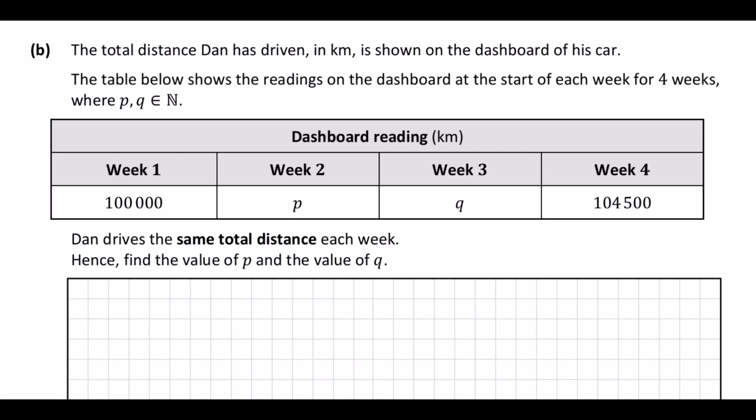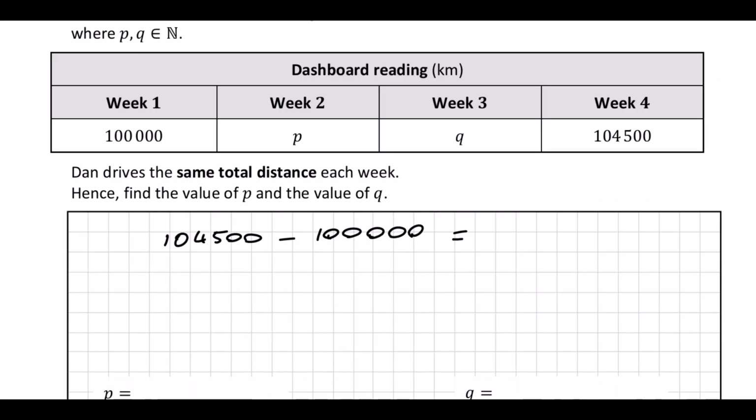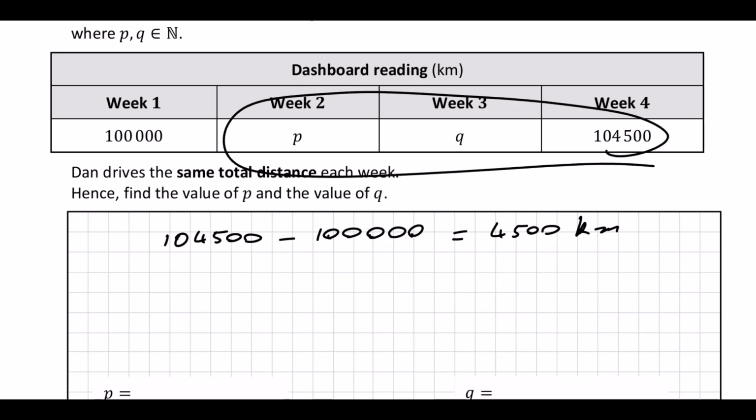So if we take the highest number here, which is 104,500, let's subtract the 100,000. So if we subtract these numbers, we get 4,500. So we know that the difference between this number and this number here is 4,500 kilometers. So we need to divide that up into 3 parts.